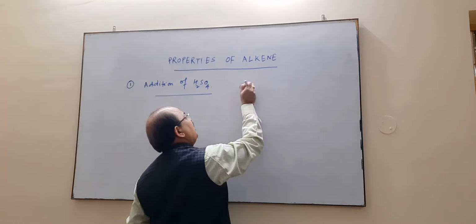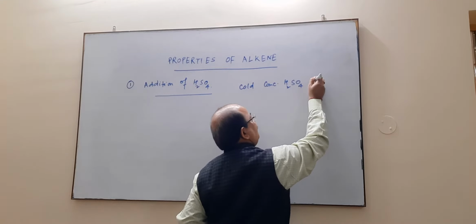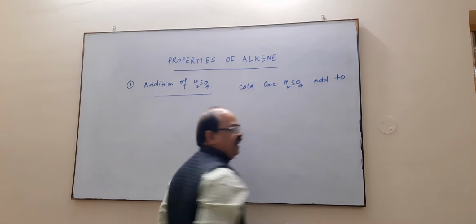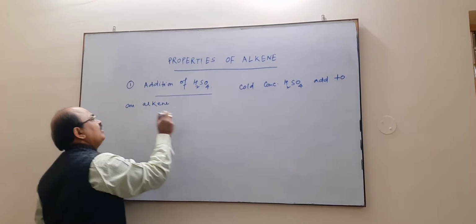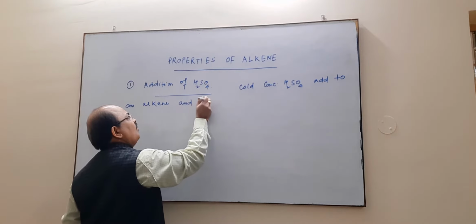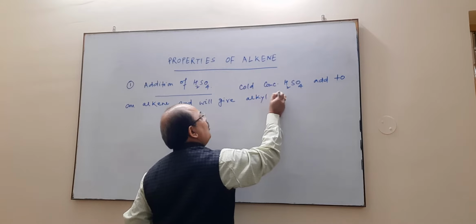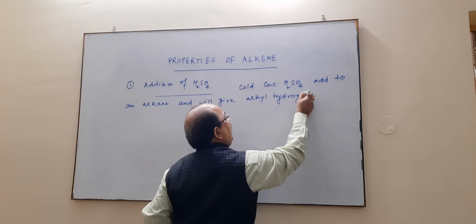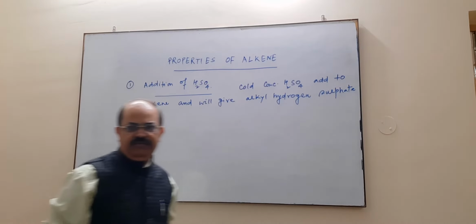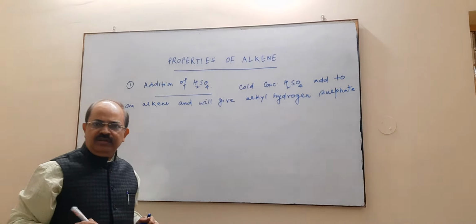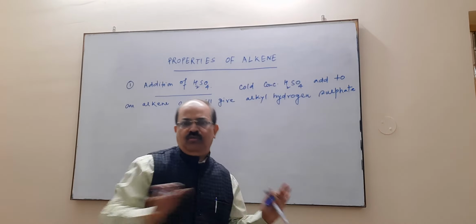Cold concentrated sulfuric acid added to an alkene will give alkyl hydrogen sulfate. For your information, this addition is also according to the Markovnikov rule.